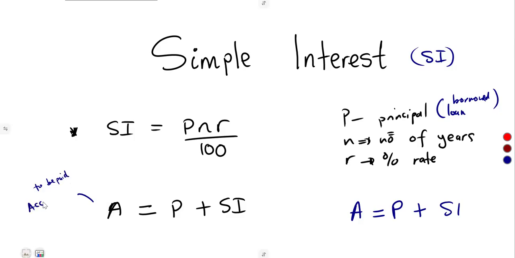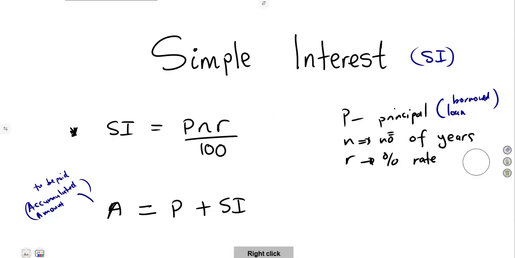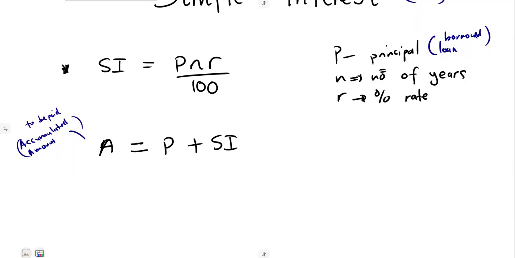That is our accumulated amount: the principal plus the simple interest. Remember we said simple interest is equal to P N R over 100. That is why you find other textbooks writing it in this manner.